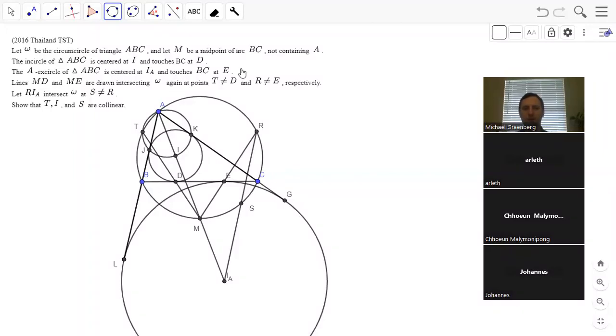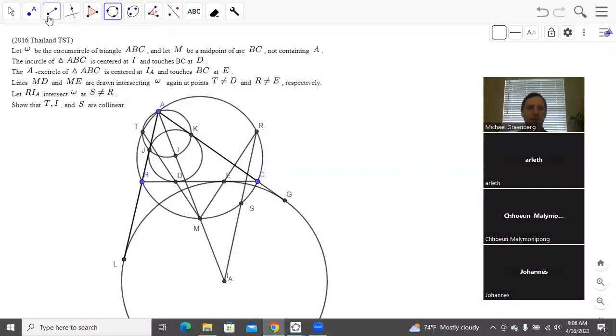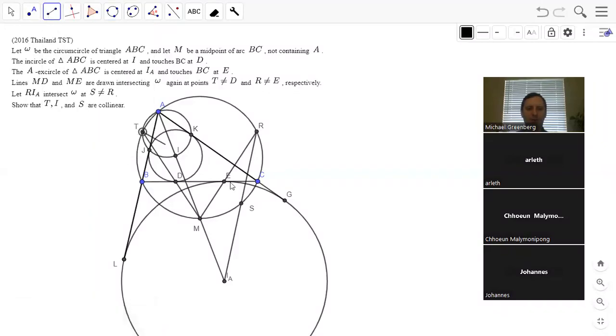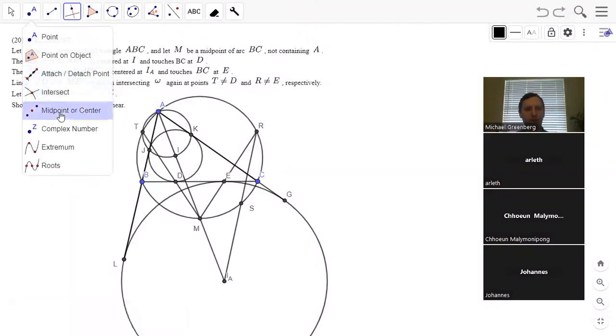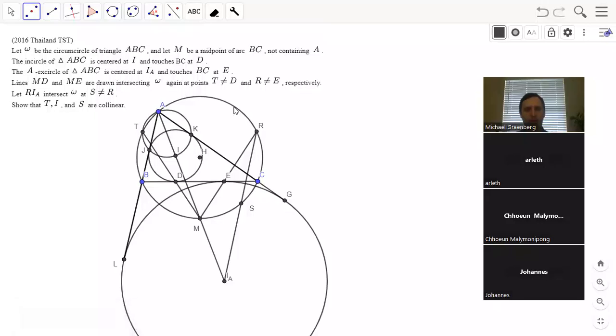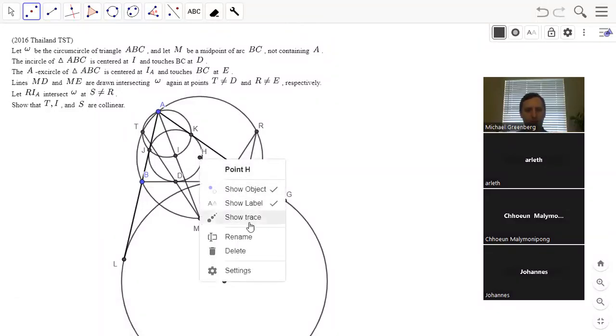So for now, let's see. For those to be collinear, it's the same as saying S is the antipode of T. In other words, TS is the diameter. So let's let O be the center of the circle.